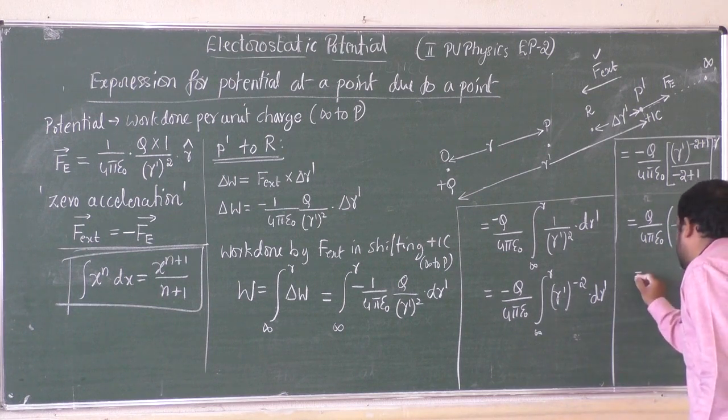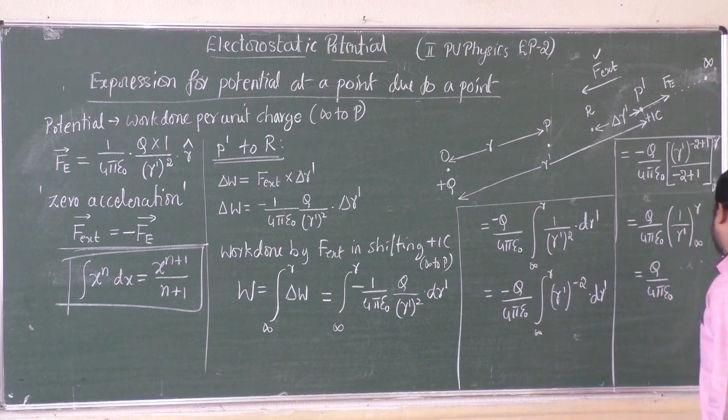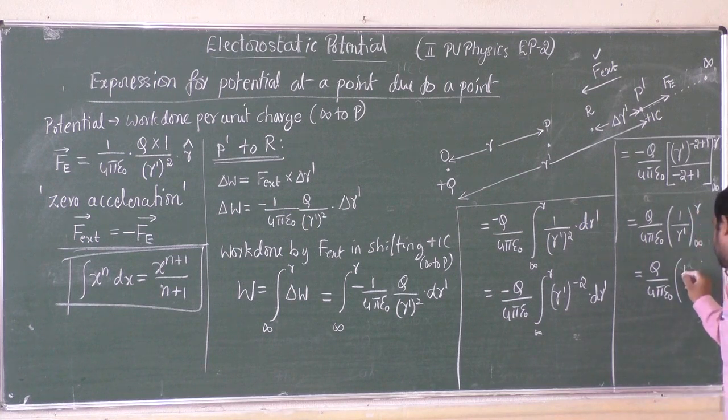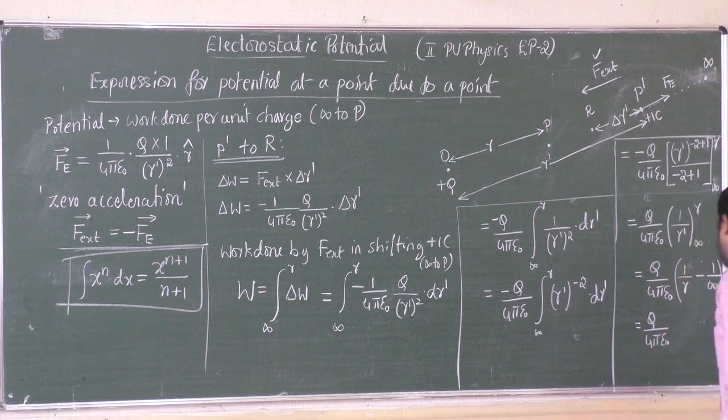So that is equal to q divided by 4 pi epsilon naught, apply the limits: in place of r dash, upper limit r, minus 1 by the lower limit, that is infinity. 1 by infinity is 0, therefore it is 1 by r.